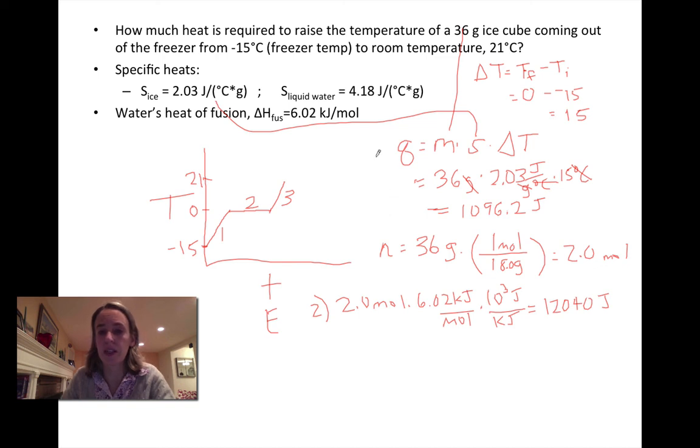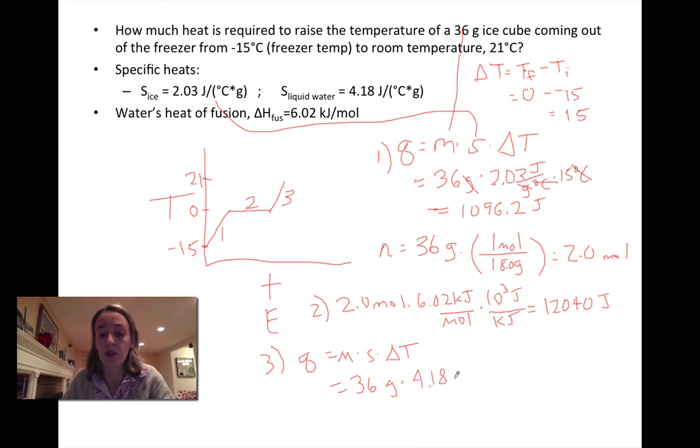This was the first here, I'll just label that. And then the third, now we're raising the temperature again without a phase change. So we're going to use the same formula, Q equals M times S times delta T, and my 36 grams of water hasn't changed. My specific heat, now that I've melted all this water, we want to use the specific heat of liquid water, not of ice.